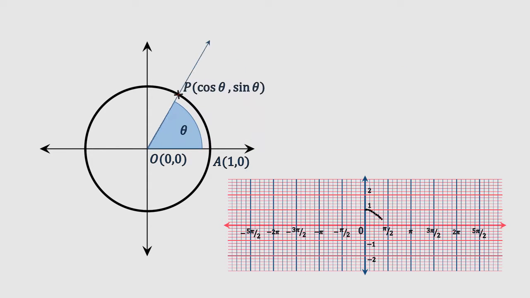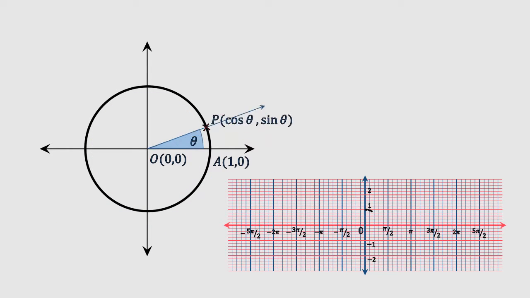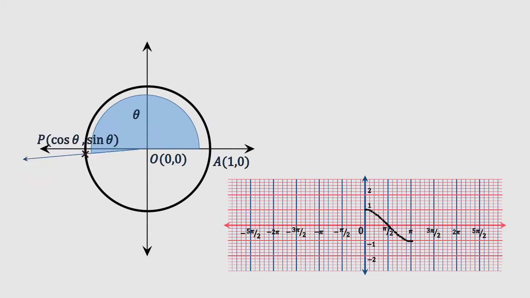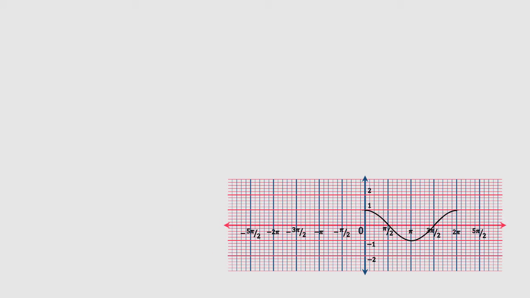As P makes a revolution, we obtain the graph of the cosine function between 0 and 2 pi. Extending the cosine function to angles beyond the interval 0 to 2 pi, we have the graph of the cosine function defined for any real angle.